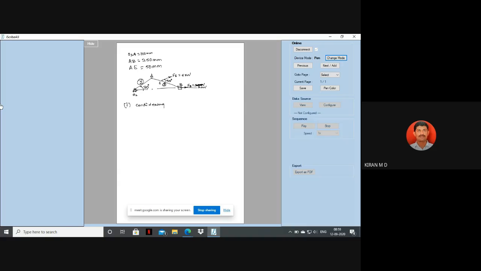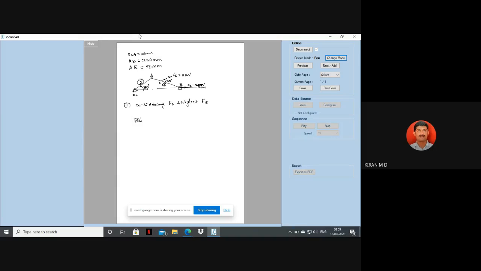Considering FB and neglecting FE. By considering FB, how are we going to get the forces? We start with the piston, link 4.